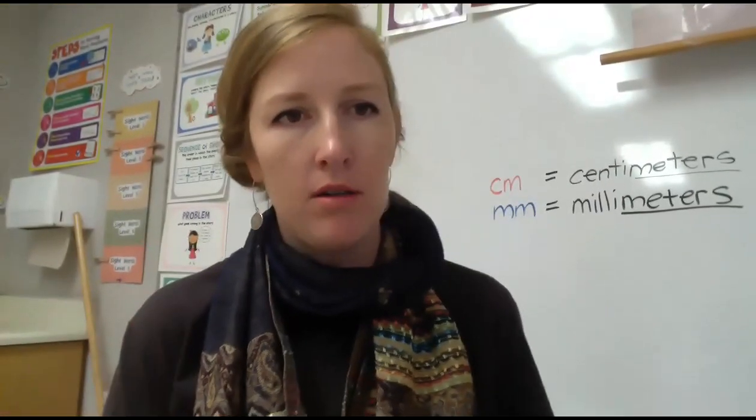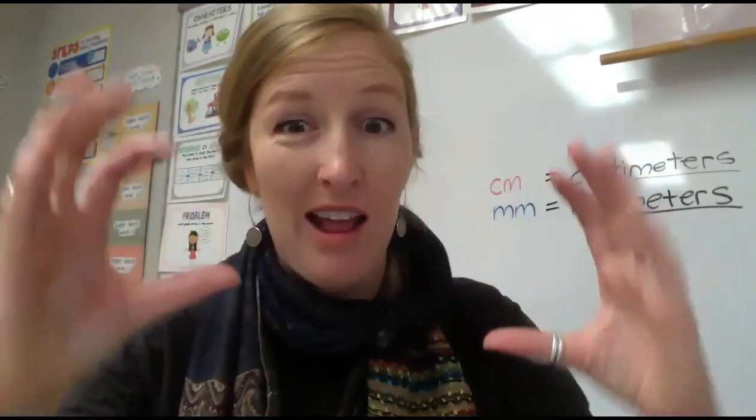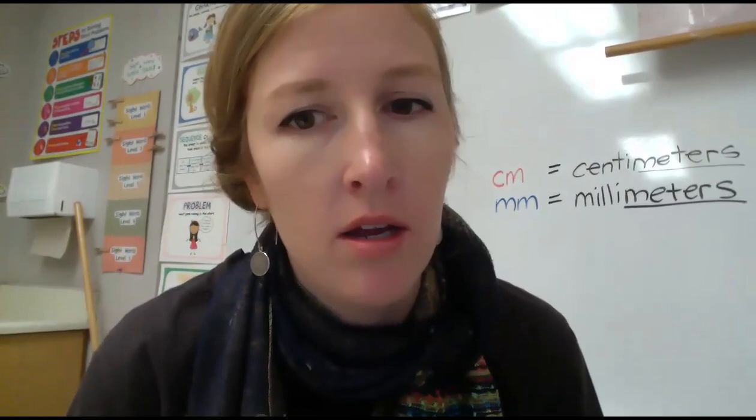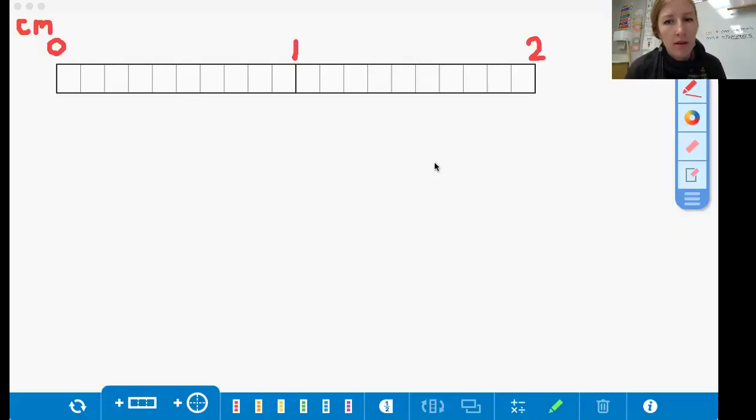So I want to share my screen so we can look at it a little bigger. Here we go. Okay, so I made kind of a makeshift ruler. It says cm. What does cm stand for? Centimeters.